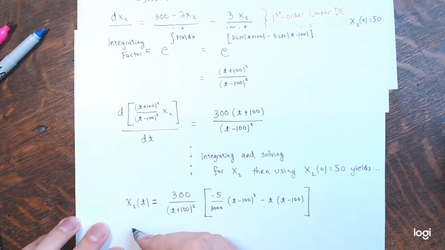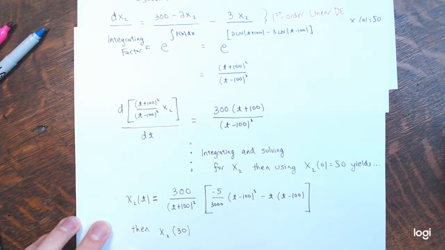And then finally, x2 at 30 minutes. Plugging in 30 here, and I did this with the calculator earlier, this is approximately 47.4. And this was pounds of salt.